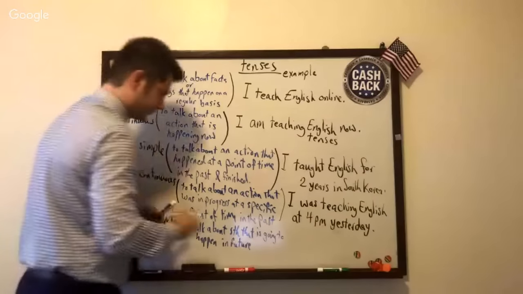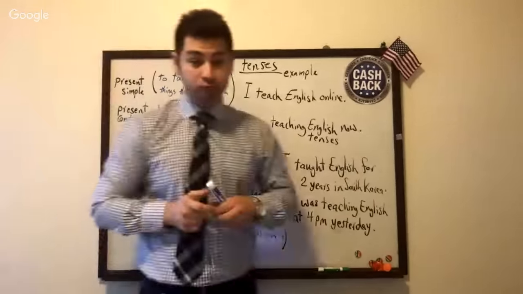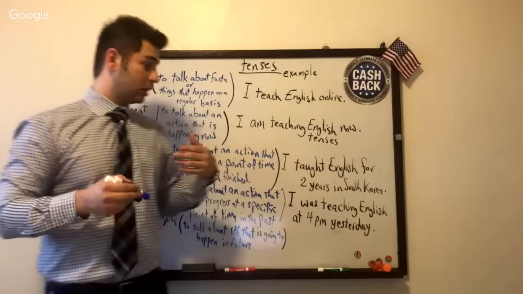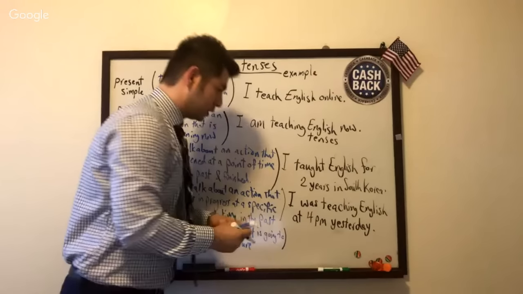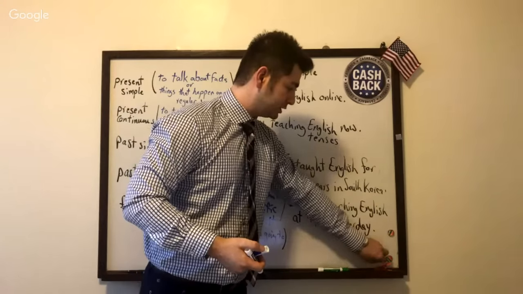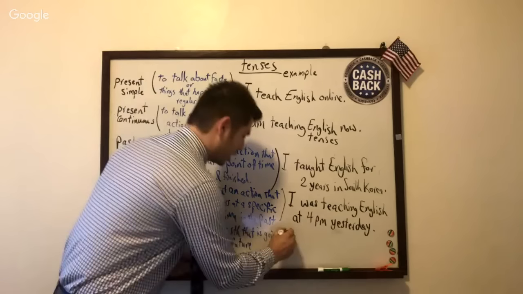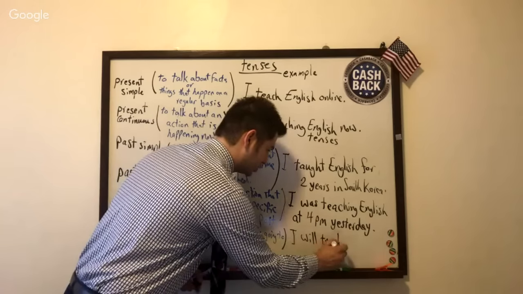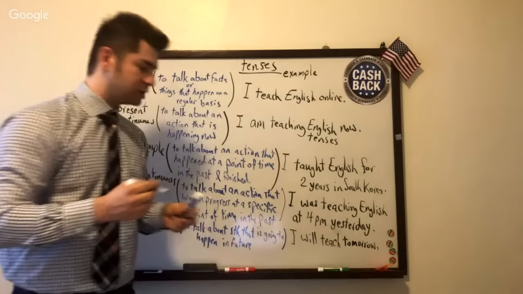For instance, tomorrow I will be teaching English. So I will teach English. I taught English yesterday, I teach English now, and tomorrow I will teach English. So, will teach. I will teach.